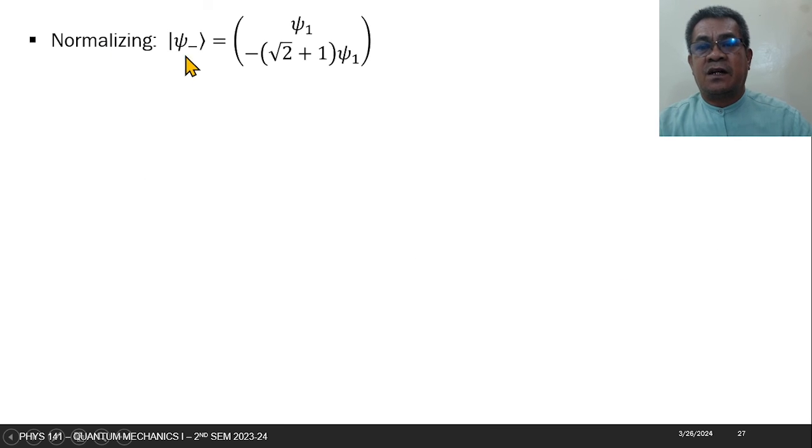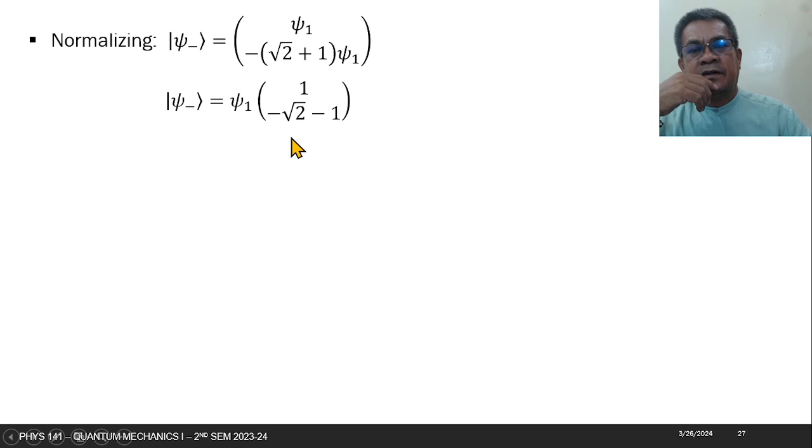Normalizing our negative psi vector, this is our psi. Take note, to normalize we just square this expression, the x value, and this one squared, then add the two, then the square root, and the answer should be 1, because we are normalizing.